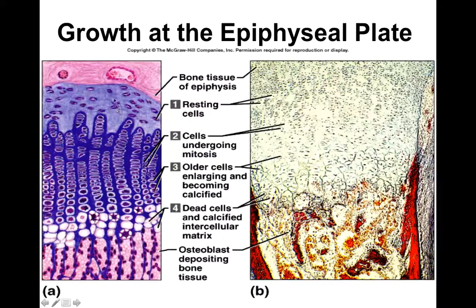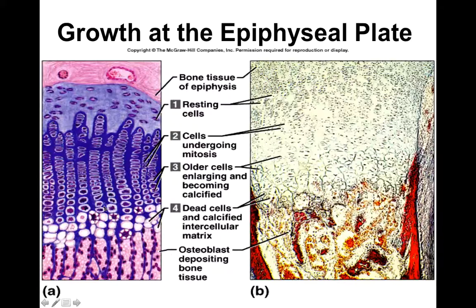Okay, so this is growth at the epiphyseal plates. And we're looking at one of the distal ones. So we've got these resting cells which aren't really doing much other than waiting to start dividing. And once they undergo rapid cycles of mitosis, these cells will divide quickly and away from the epiphysis.